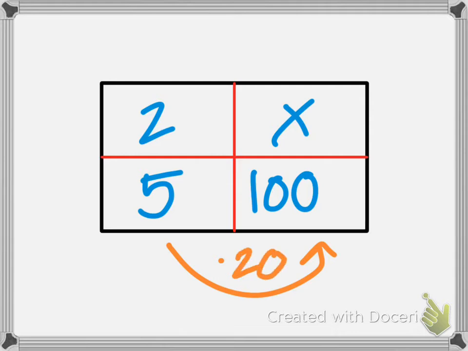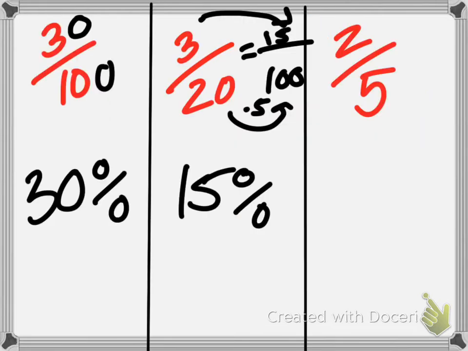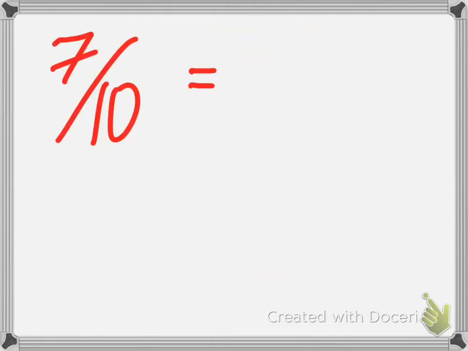Exactly, we multiply it by 20. We do the same here, times 20. So what would our answer be then, Hannah? 40. Perfect, 40. Excellent. So we found out that this one is going to be 40%.